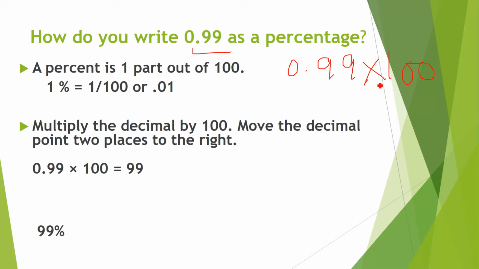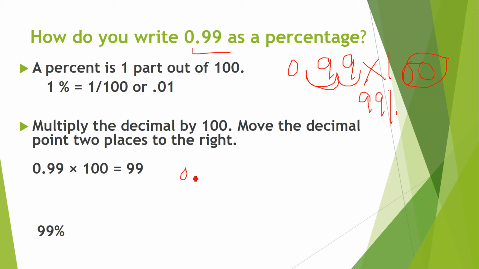But keep in mind, when you multiply by 100 or 1000 or 10, you have to move the decimal to the right hand side. In 100 you have two zeros, that is why you have to move the decimal two places to the right. One place and second place, so it is so easy, 99%. 0.99 is equal to 99%.